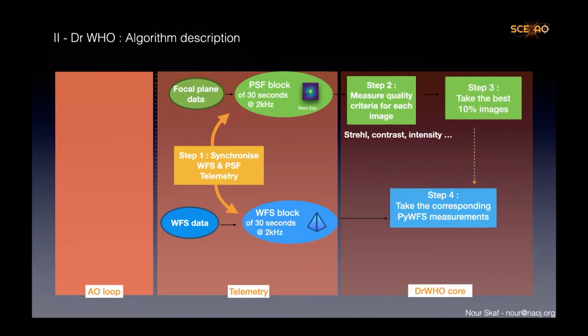We take the pyramid wavefront sensor measurements corresponding to those 10% best PSF focal plane images. As a result, we have an equivalent of 10% wavefront sensor images corresponding to the best focal plane images. So it really is a form of LOCI imaging, and from that, we find a new reference, which is the average of the best wavefront sensor images.